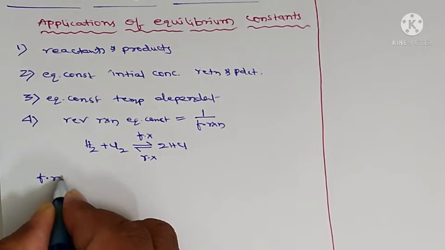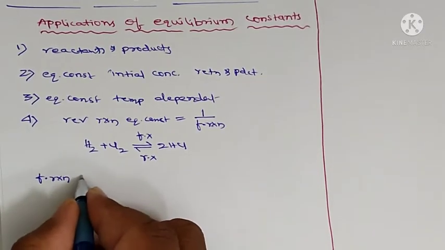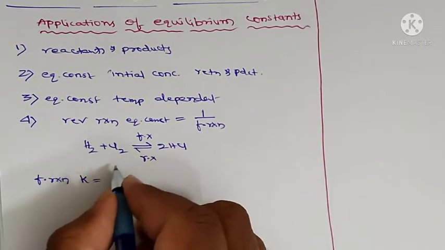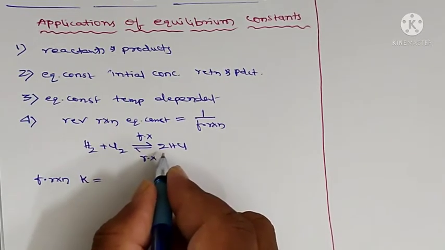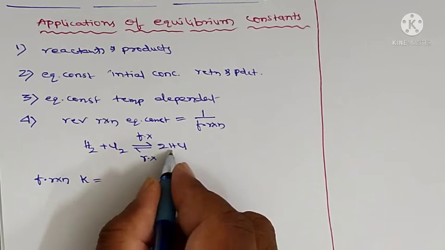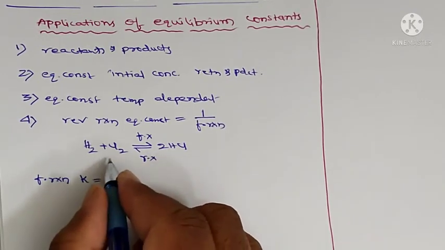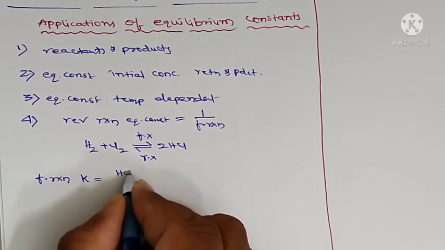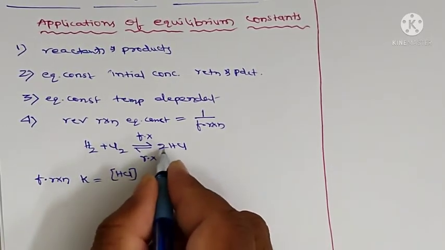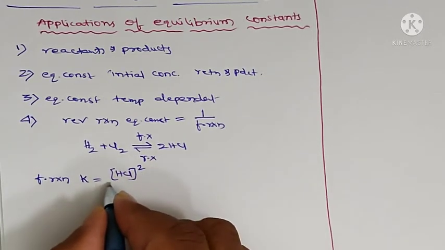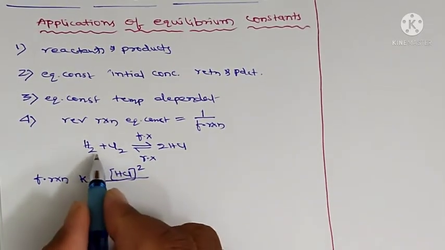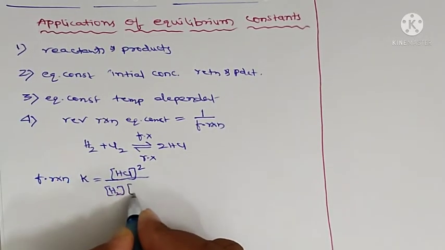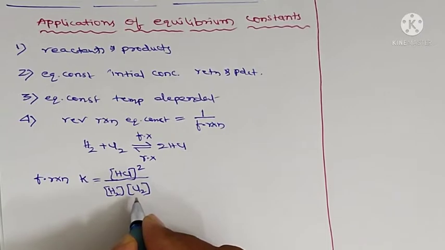For the forward reaction, equilibrium constant K is equal to the concentration of products divided by the concentrations of reactants. So HCl concentration with coefficient 2 power 2, divided by the reactants' concentrations, H2 concentration and Cl2 concentration.